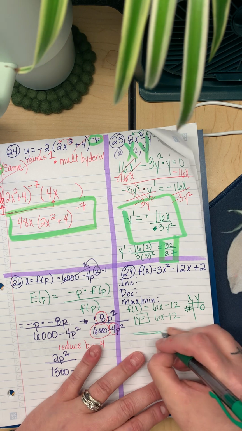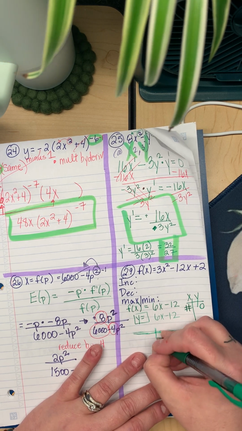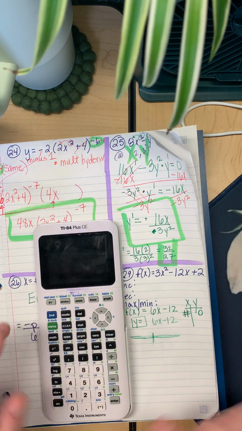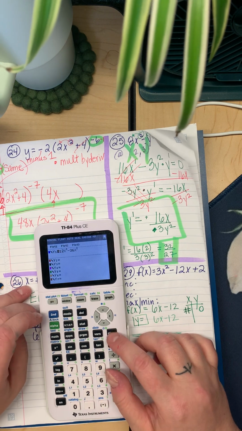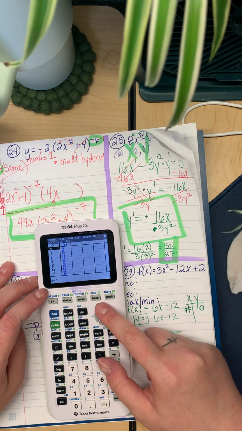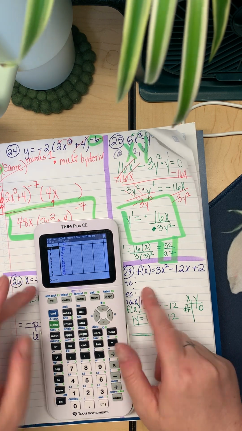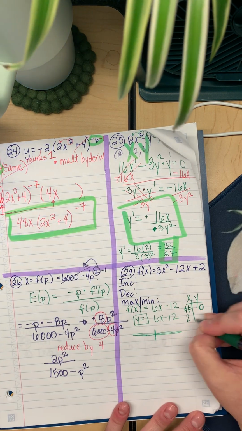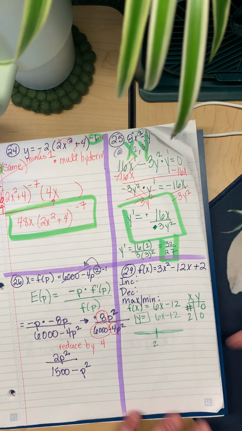And that number will go on my number line. So let's see here. 6x minus 12, go to my t-chart. Across from the 2, I see a 0. So that means I'm definitely going to have 2.